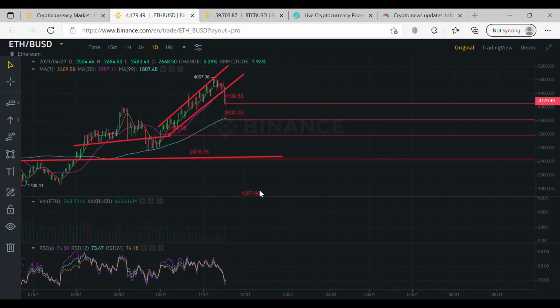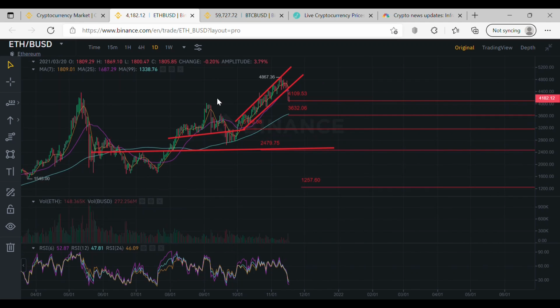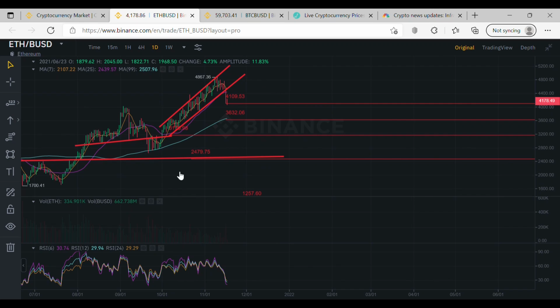Based on the information we have, this should be a pretty decent strategy, at least for me. This is definitely not financial advice. It's just what I would do for this current price correction.